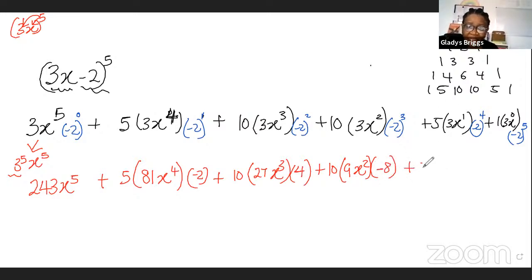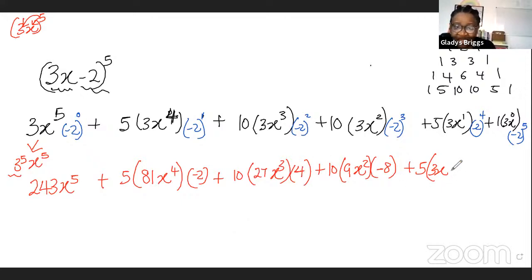Plus 5 times, do you see how cumbersome it is today? Yeah, tomorrow when I teach you using nCr, it's going to be a lot easier, okay? Right, so then 5 times 3x, I think 2 to the power of 4, is that 16? Oh, negative 2 to the power of 4.